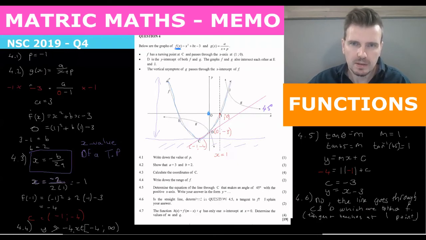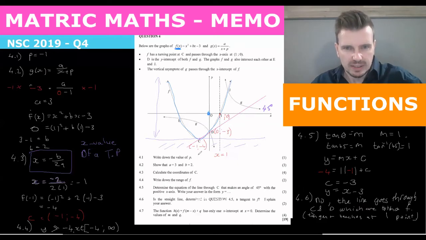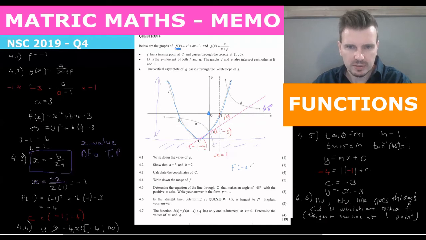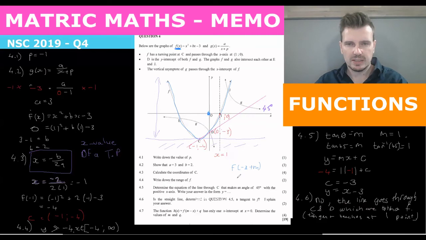Okay. So that's f of x, and they've said f of m minus x. So basically what they're saying is f of minus x plus m. The reason I'm putting it like that is because let's look at the negative x part, f of negative x. If you make x negative x, it changes all the x values to negative.